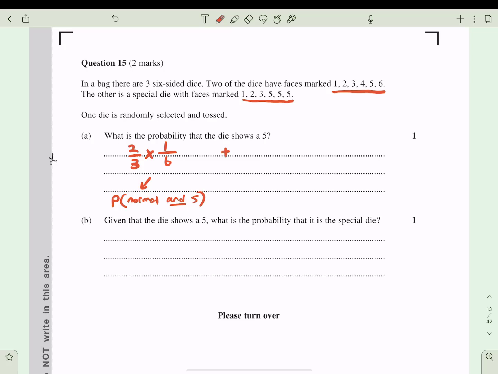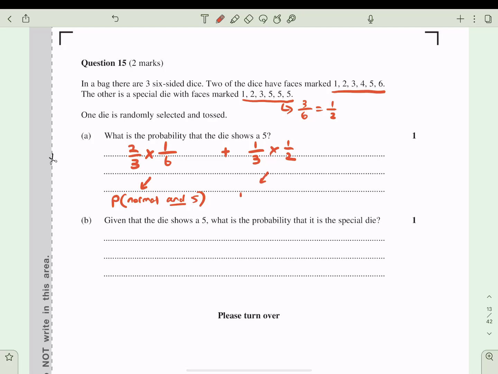Now, we also have to add the second case where we pick out the special die, which is a 1 in 3 chance, and then we roll a 5. For the special die, it's actually a 3 in 6 or a 1 in 2 chance of having a 5 rolled. So that's going to be 1 on 3 times half.